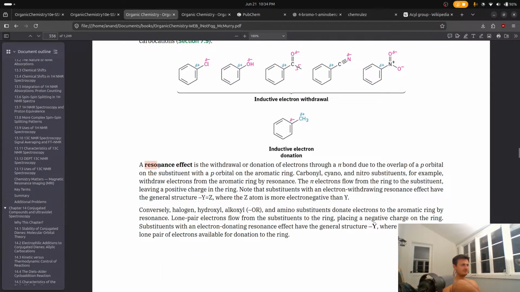A resonance effect is the withdrawal or donation of electrons through a pi bond due to the overlap of a p orbital on the substituent with a p orbital on the aromatic ring.